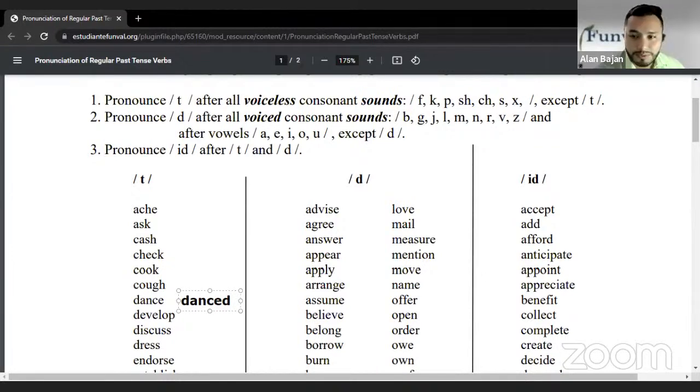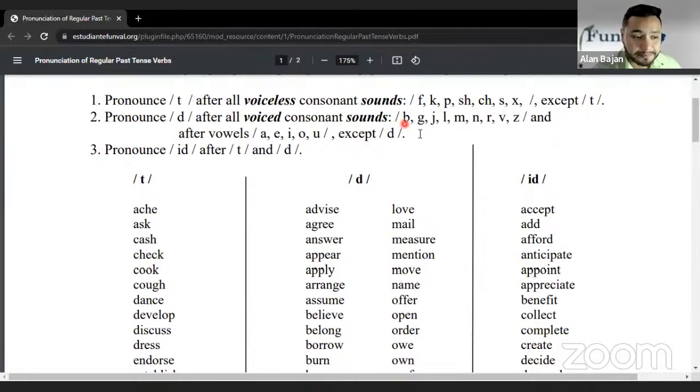So let's go with group number 2. Group number 2 says that all the verbs that end with a voiced sound. What is a voiced sound? The sound when your throat vibrates. What is that sound?